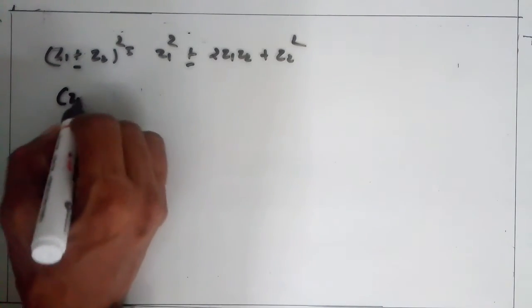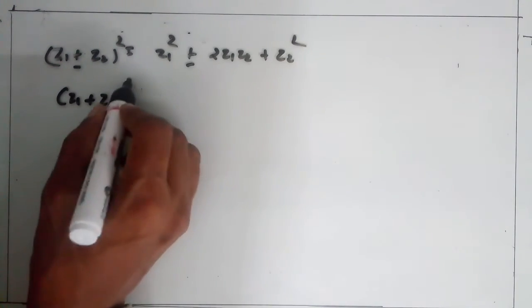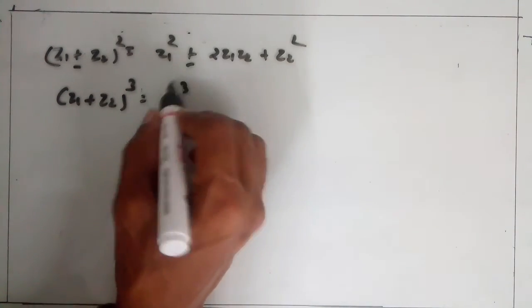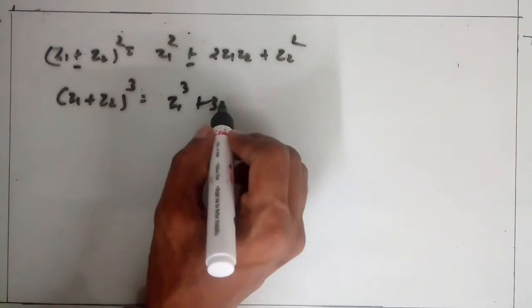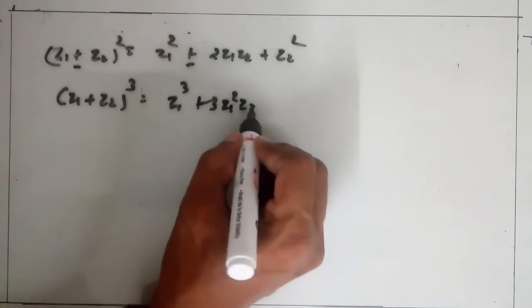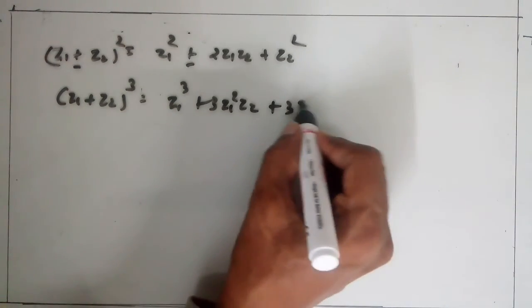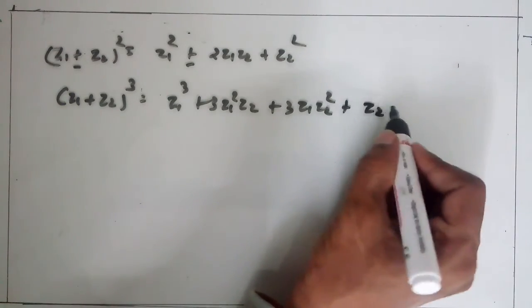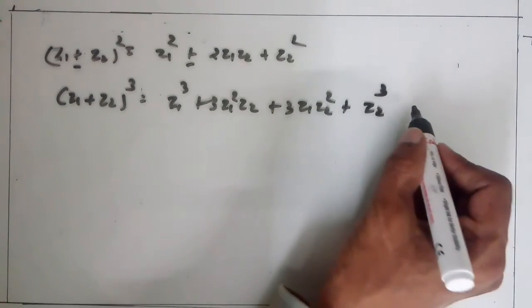Same, (z1 + z2)^3 is equal to z1^3 + 3 z1^2 z2 + 3 z1 z2^2 + z2^3. Clear?